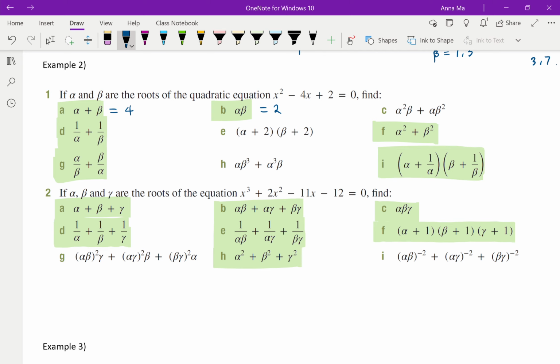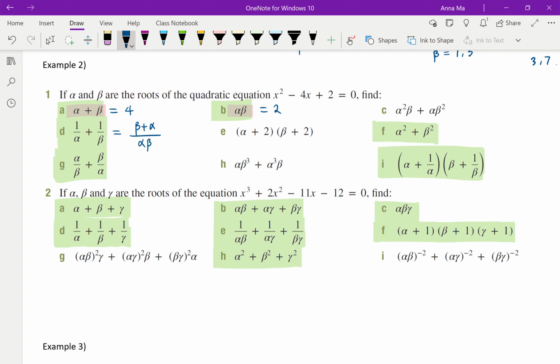Now, using these two identities, you can actually do the rest of the questions. For example, for part D, I don't know what 1 on alpha is, I don't know what 1 on beta is, but I can manipulate this expression in terms of this and this, so that we can make use of those identities. If you collect these two fractions together, we get beta plus alpha over alpha beta.